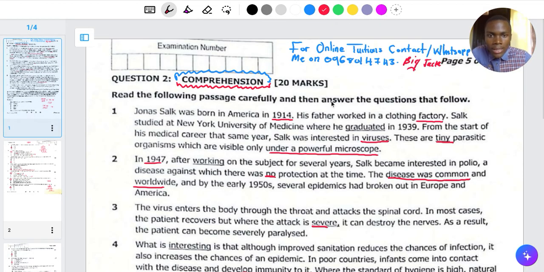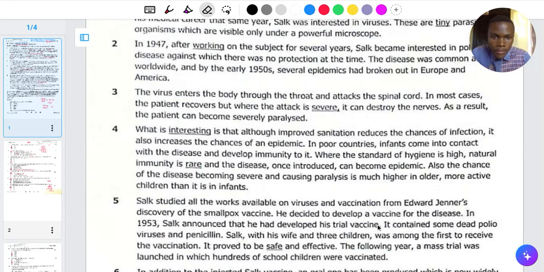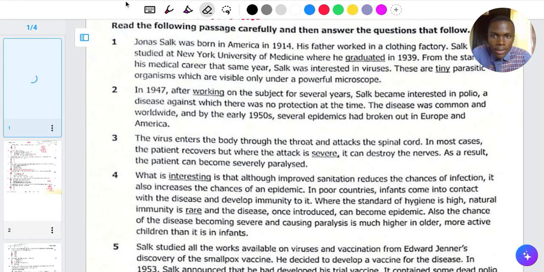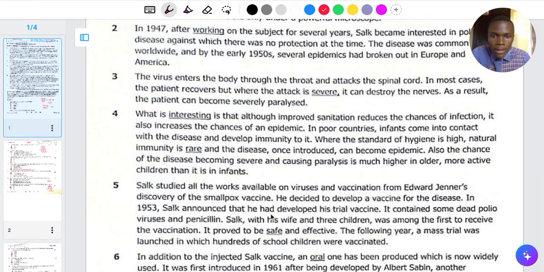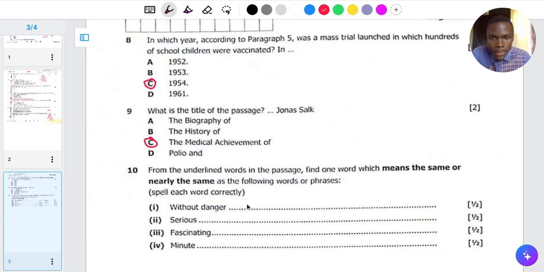Without danger, which one do we have here? We have safe here. So safe means without danger. So we can choose that one.